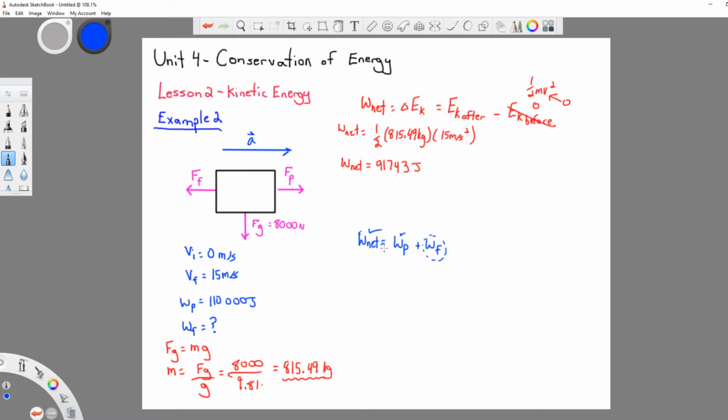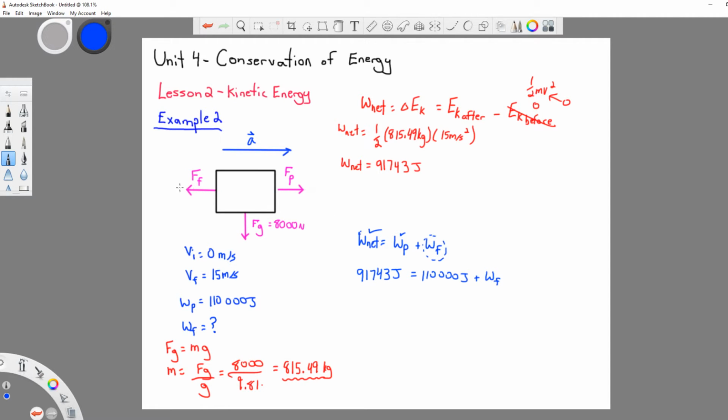So we have our net work now done on this object. It's going to be 91,743 joules. Remember, this object's accelerating to the right. That is going to be equal to the work done by the propulsive force, which is given to us in the question, 110,000 joules, plus the work done by friction.